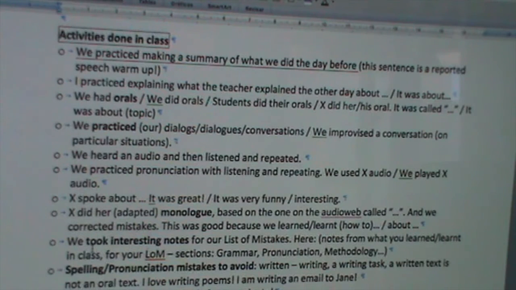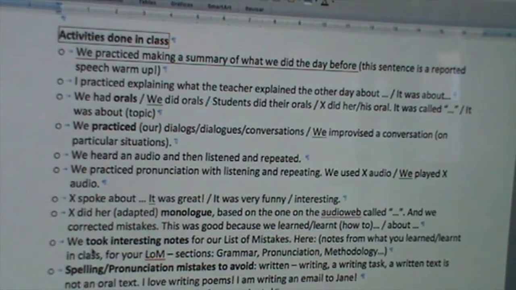O si quieres que se visualice el trabajo, el momento en que se hace, ¿no? Okay, so you can use heard, okay? We heard some audios, sobre todo cuando decimos we heard some audios, no uno solo, ¿no? Y más bien si es uno solo, pues puedes decir we listened to an audio, por ejemplo, como truco, ¿vale?